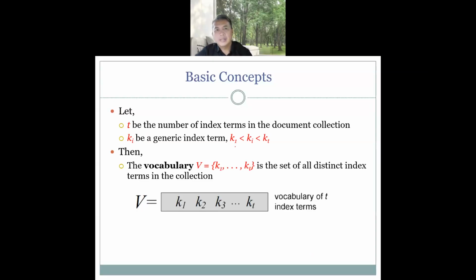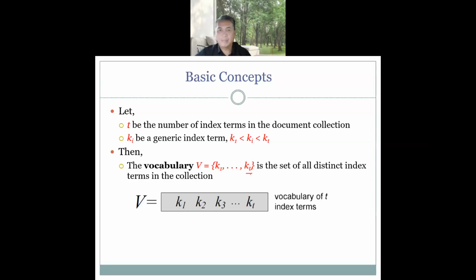Okay, so when we talk about the vocabulary, there is a limited space because we want to have a fast computation when we want to compare. So we want to limit the number of vocabulary that we have. So we will say, okay, in the vocabulary, we may have up to T keywords.